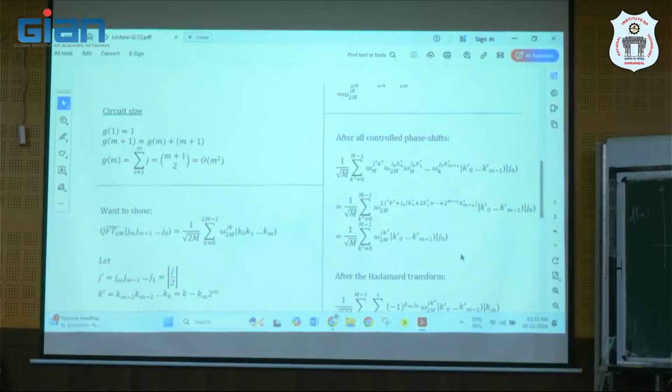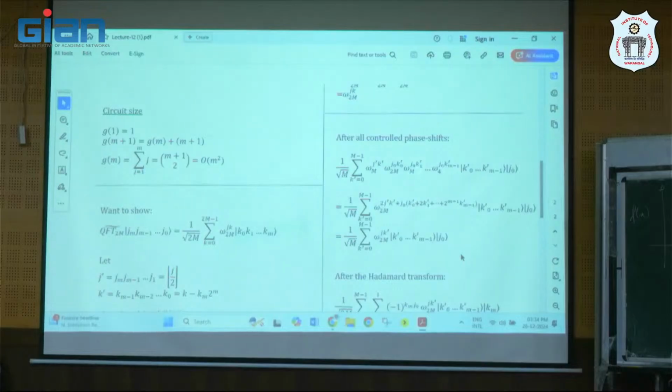Okay. This is m, right? We change the base to 2m. We also multiply the superscript by 2. So j prime k prime becomes 2j prime k prime. Agreed? Yes? Good. This is 2m as it is. So this is j naught k prime. What is this? m.